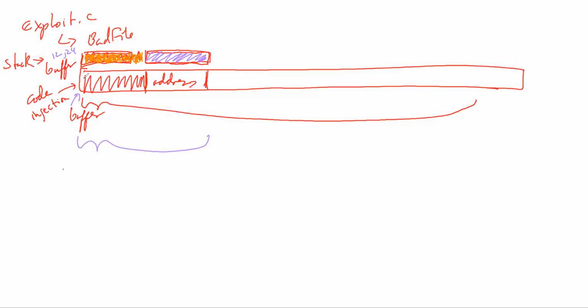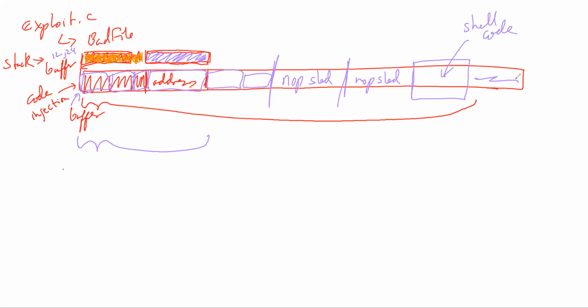Write the address, and then write the address again, and again, just keep writing it. But you need to leave some room for the no-ops, because the NOP sled is going to help you. And then you need to write some other space for the shell code. And then here, whatever, more no-ops.